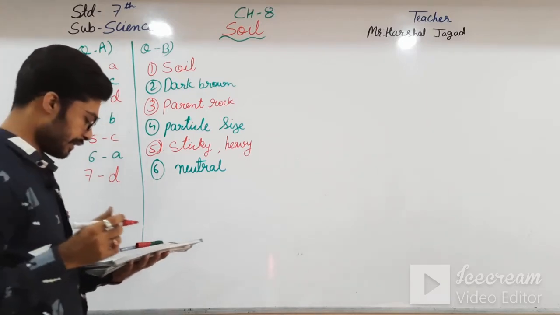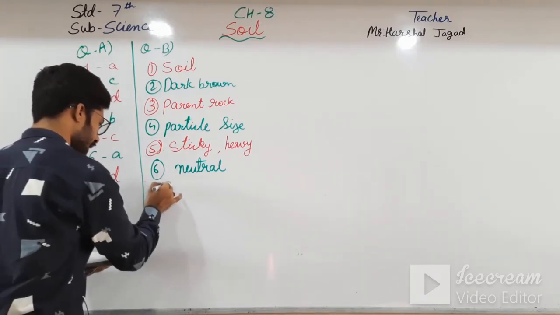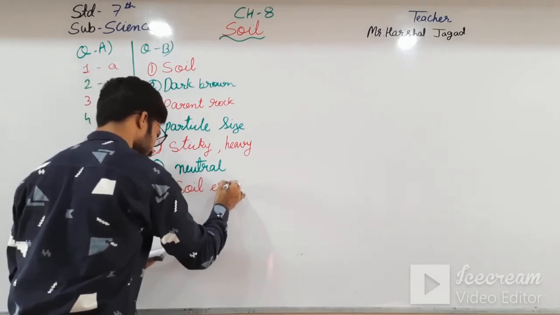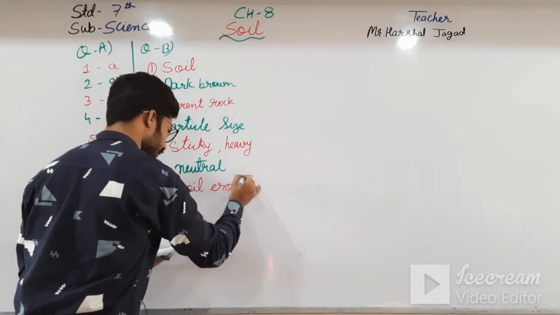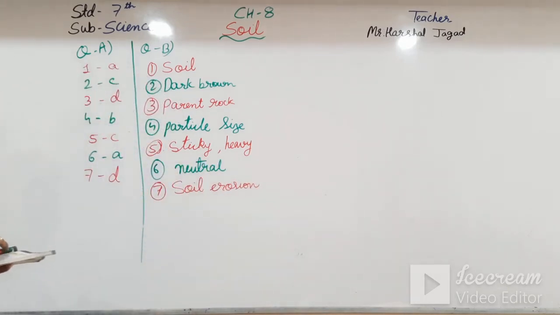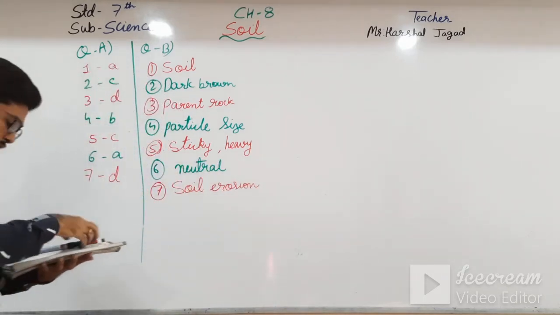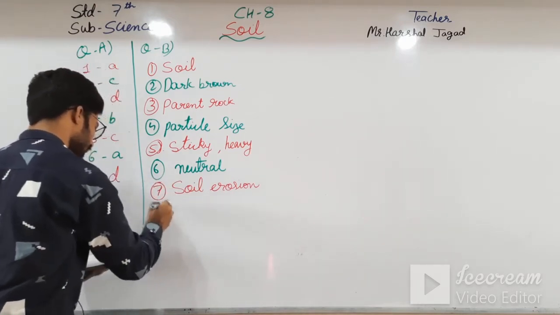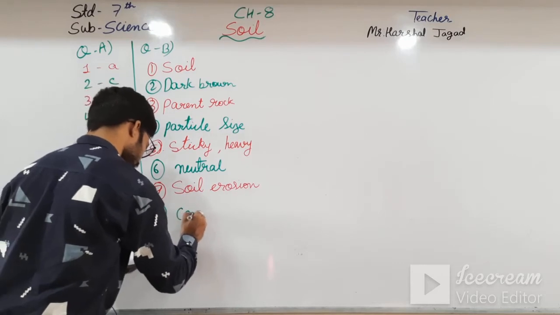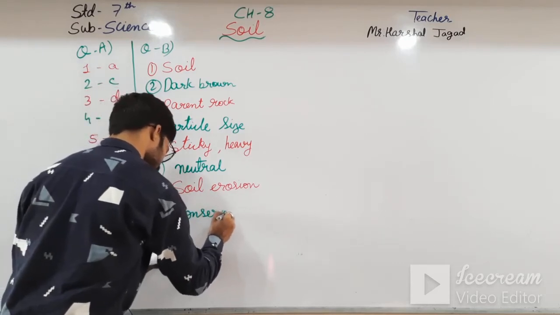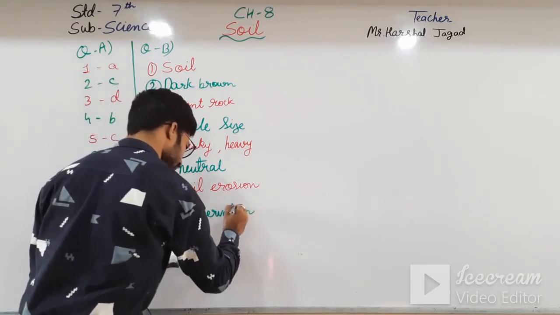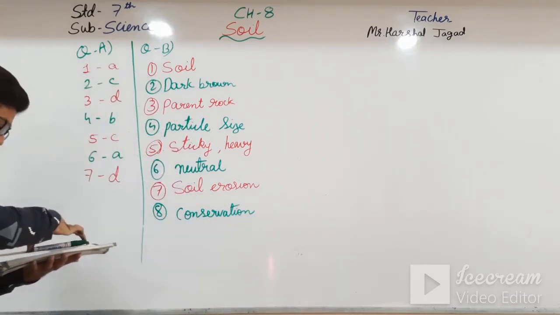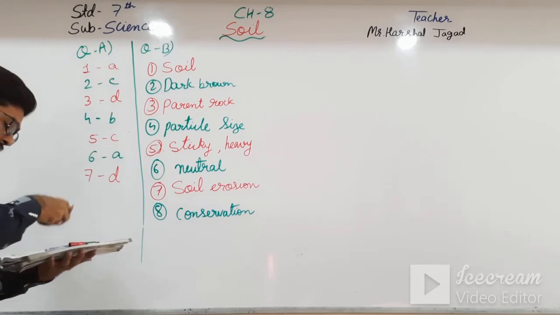Seventh one, terrace farming is a method to prevent dash, soil erosion. We have studied just now only. Soil erosion. And eighth one, prevention of soil erosion is called soil conservation. Eighth one, that is conservation. Ninth one, deforestation dash soil erosion, increase or decrease?